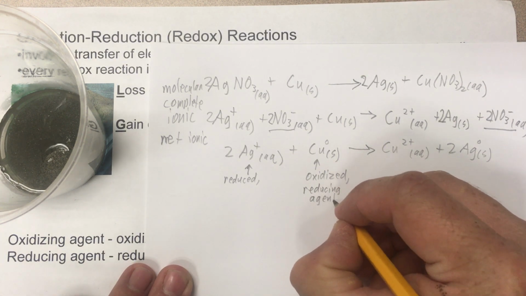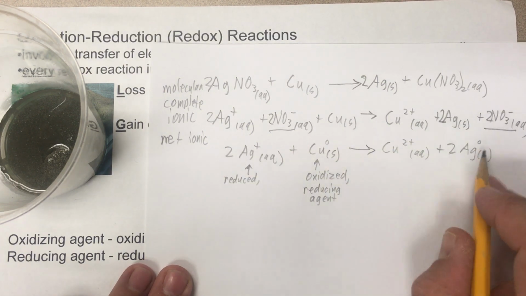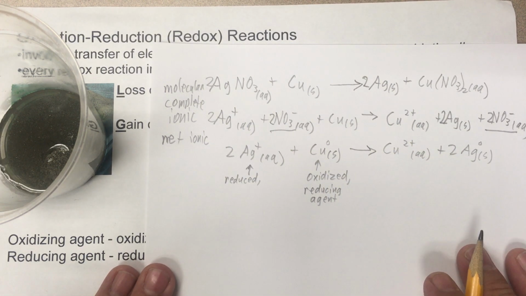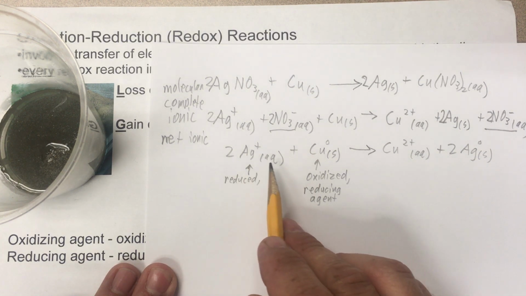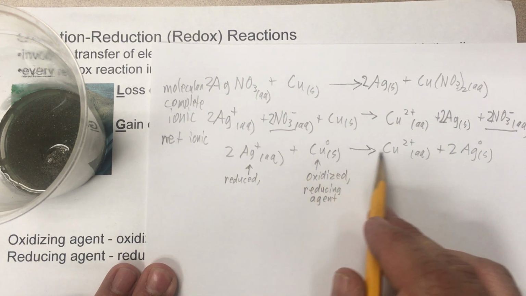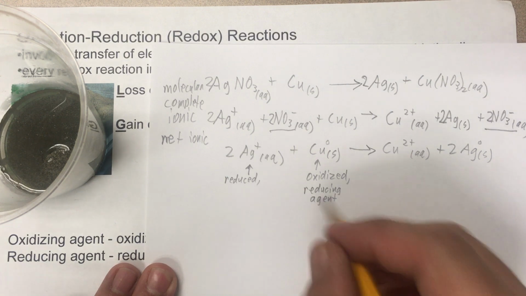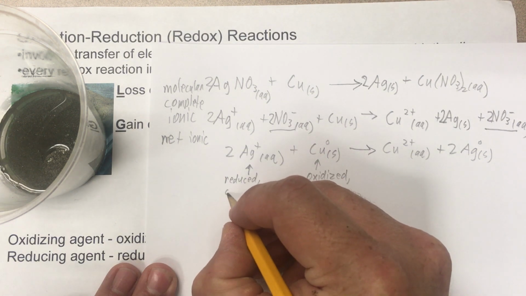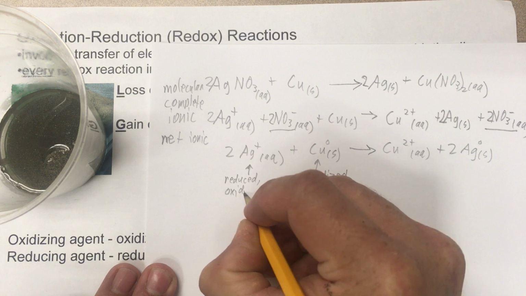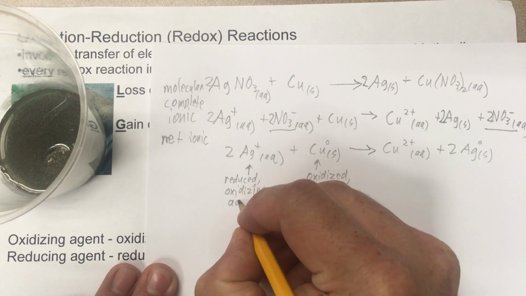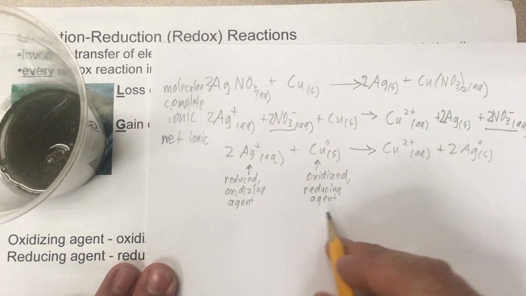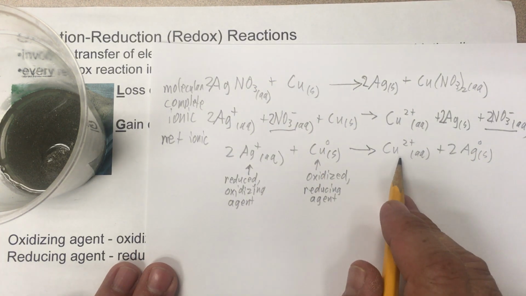It causes the reduction of the silver ion to silver metal. By the same token, the silver ion is causing the copper 0 to get oxidized to copper 2. And so the silver ion is the oxidizing agent. It causes the copper 0 to be oxidized.